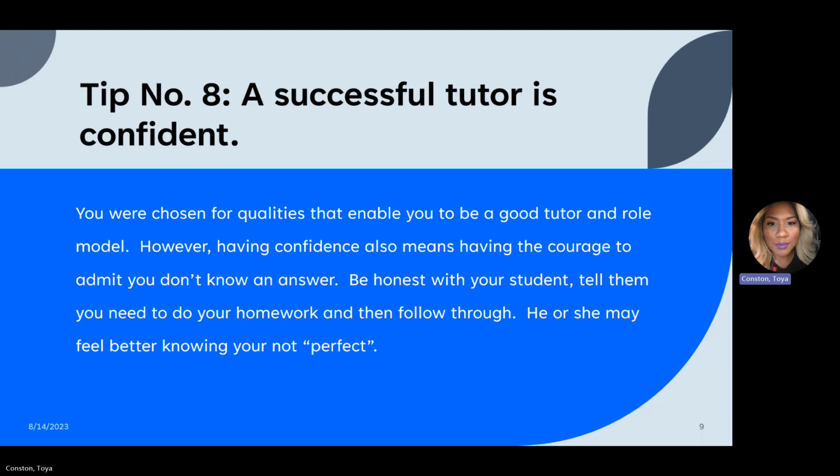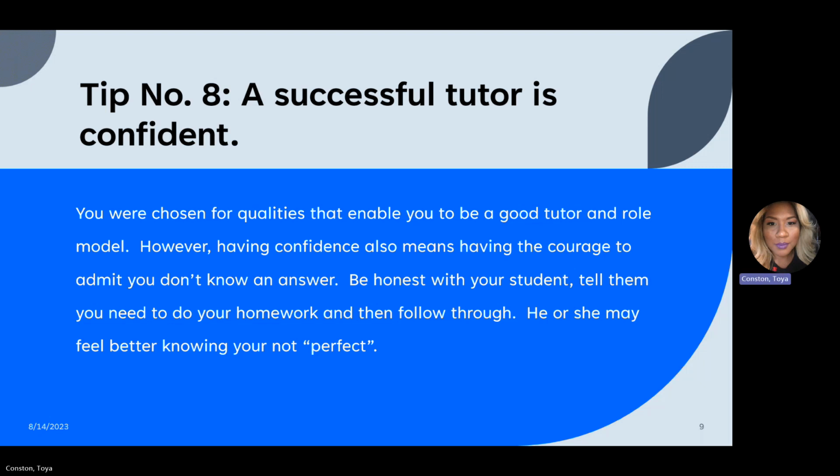With that being said, you don't have to know all things about everything. And sometimes the best confidence to exude is when you don't know the answer to something and are able to admit it. Students then are able to understand that you're exercising being honest, and that this may also help to foster a more trusting relationship with them.